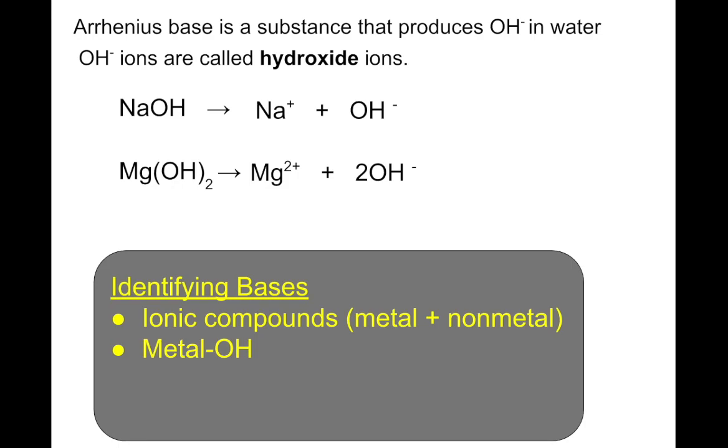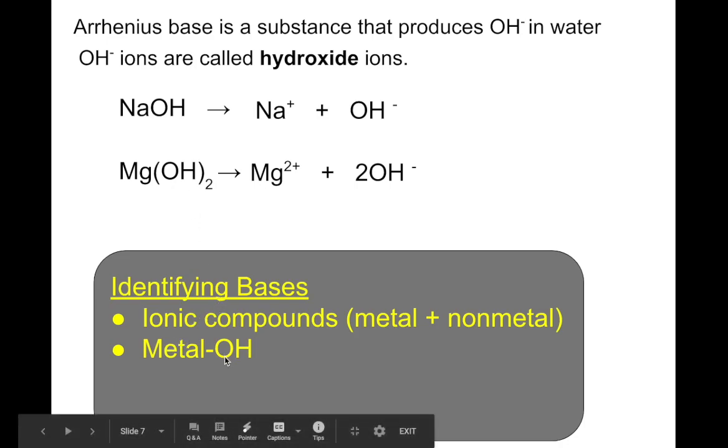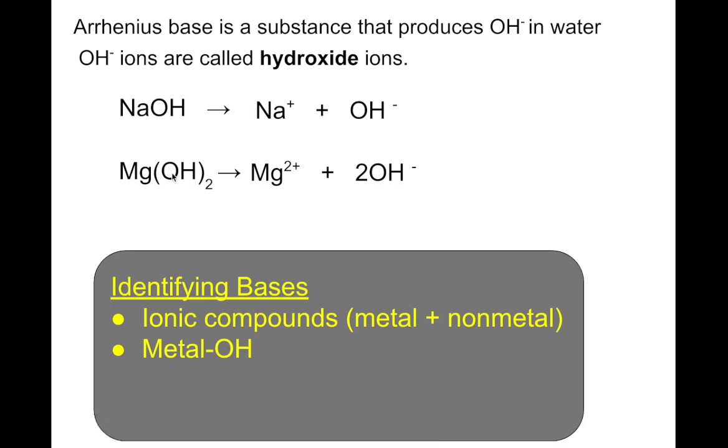Well, if acids were covalents that started with hydrogen, bases are ionic compounds that start with a metal and they end in OH, hydroxide. Metal, hydroxide. When you put them in water, just like acids, there is a dissociation that happens. And instead of releasing protons, you release hydroxide ions.